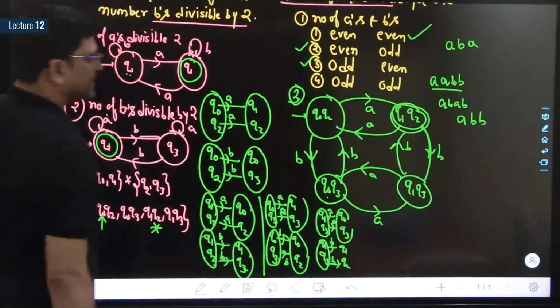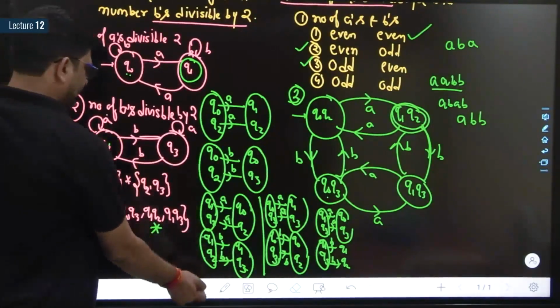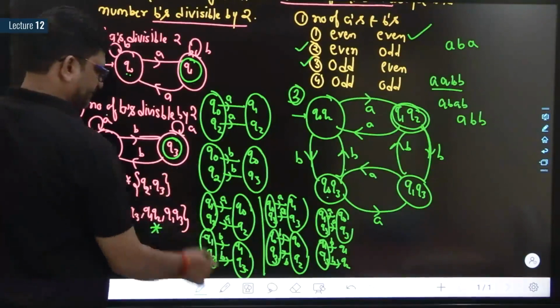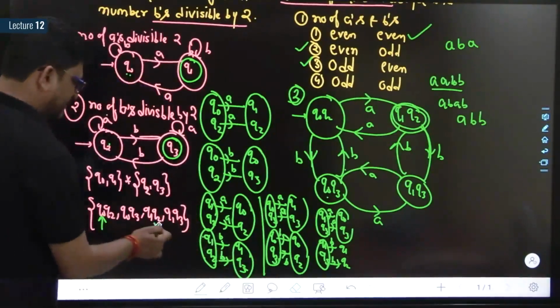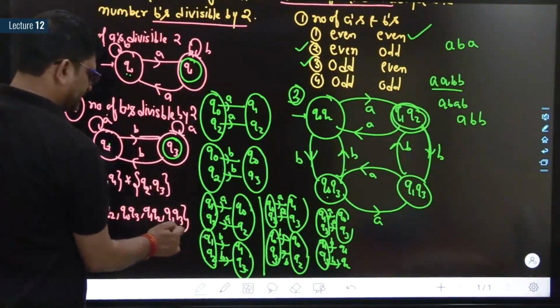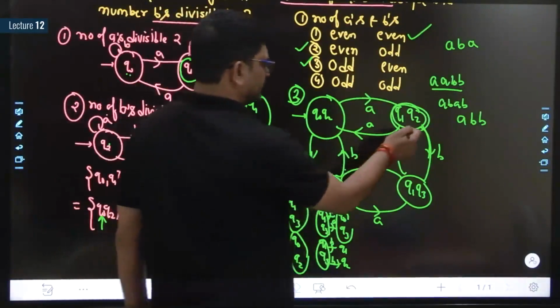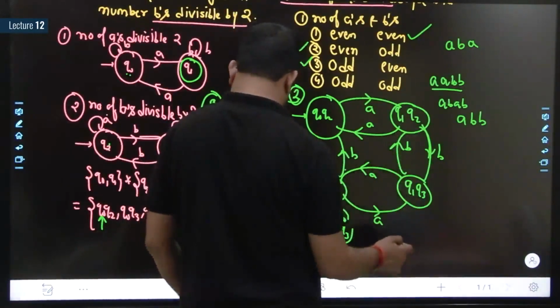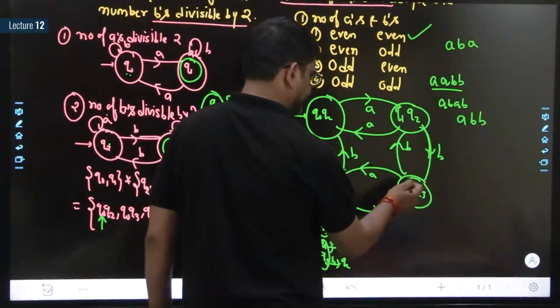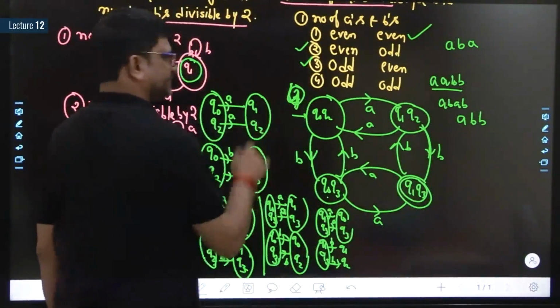Number of A's and number of B's are odd. The final state will be changed. Which one is final? Q1 and Q3 is the final. This is for question number 4.